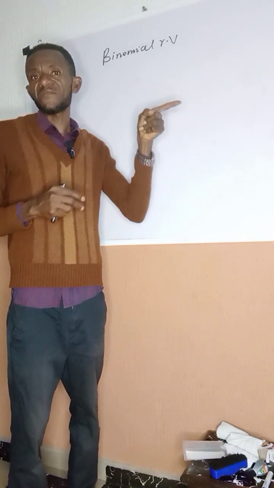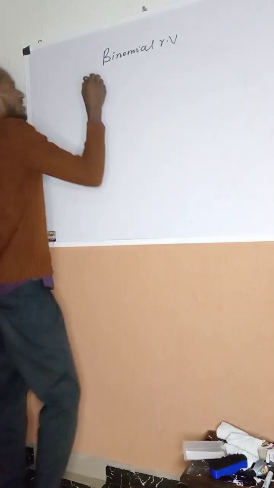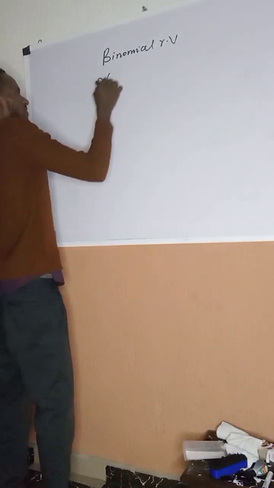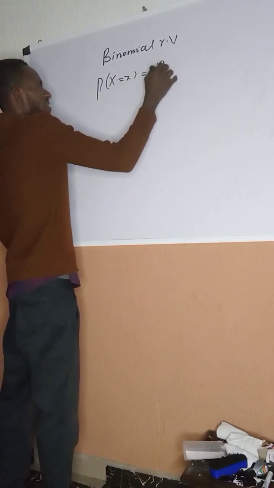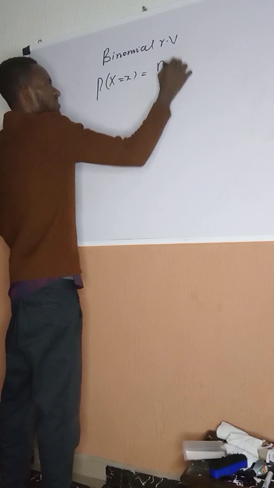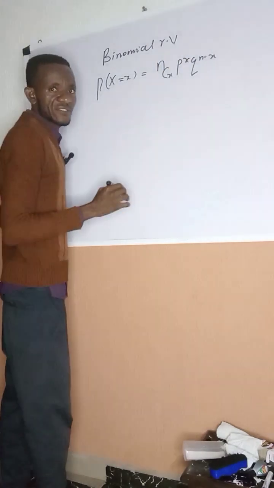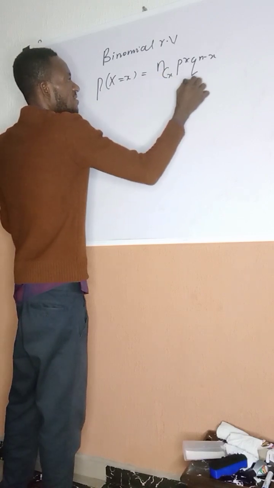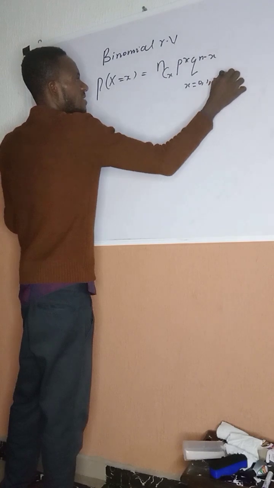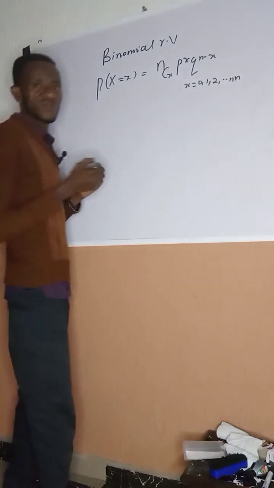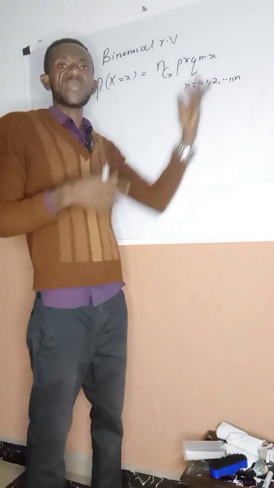And of course, the PMF of a binomial random variable is given as P(X = x) is n combination x, p to the power x, q to the power n minus x, where x takes a value 0, 1, 2, up to n, because you are repeating that Bernoulli trial up to n times.